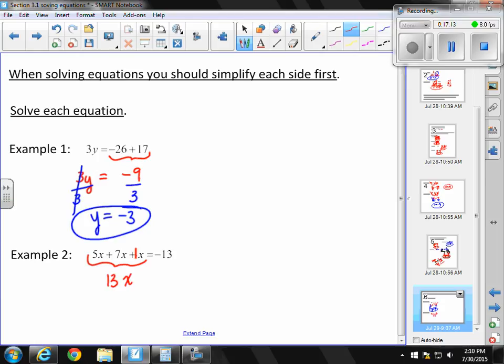So we have 13x equals -13. Again, I'm going to use that multiplication property. 13 times x means I want to divide both sides of my equation by 13 so I can get the x by itself. 13 over 13 cancels, and I have x equals -13 divided by 13, which is -1.